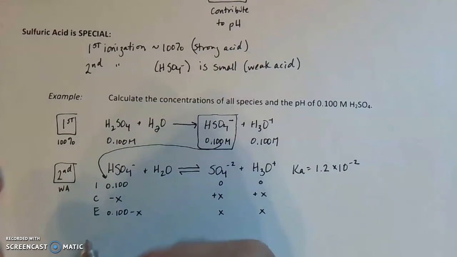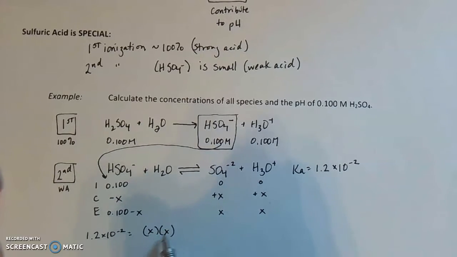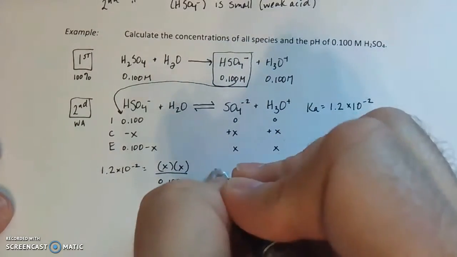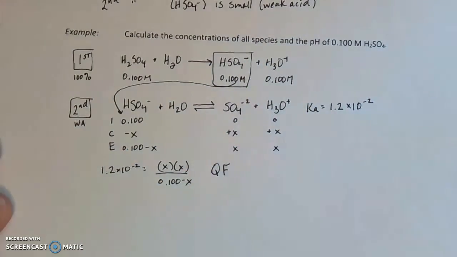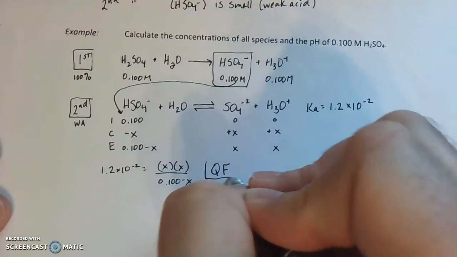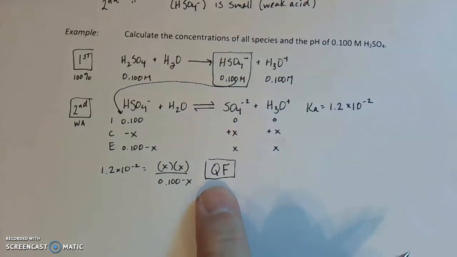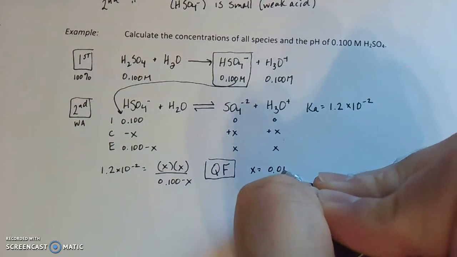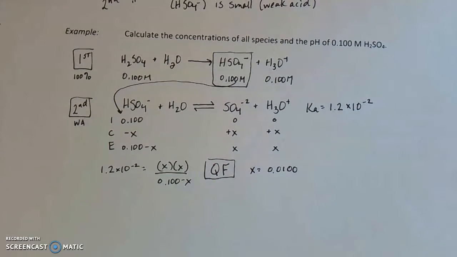So when we do Ka, the 1.2 times 10 to the minus 2 is equal to X times X all over 0.100 minus X. So we are going to have to use a quadratic formula. I'm not going to go through that because we have done that over and over and over again when we did equilibrium. But when we do this, we get an X value of 0.0100.